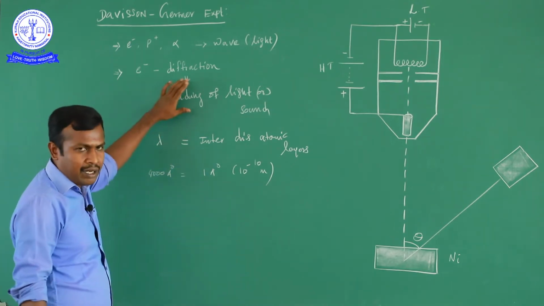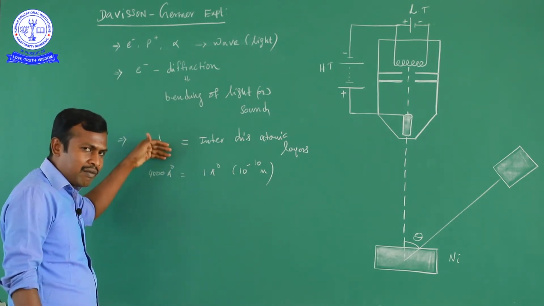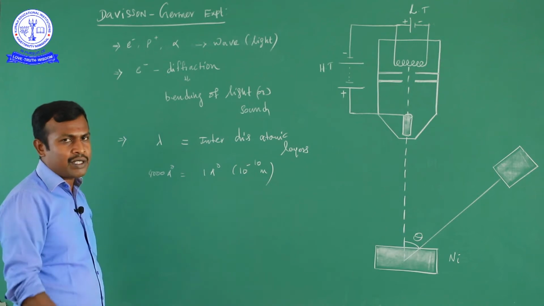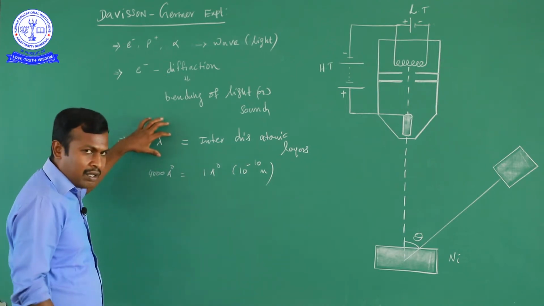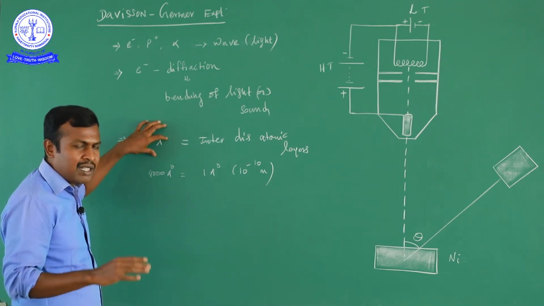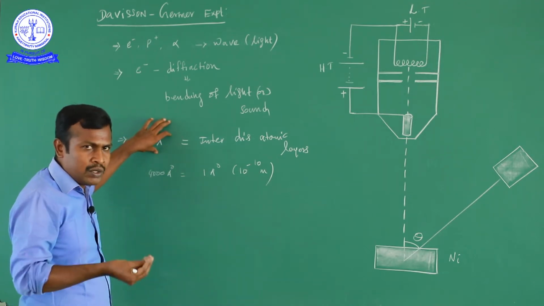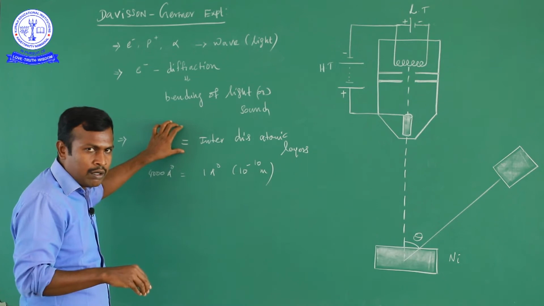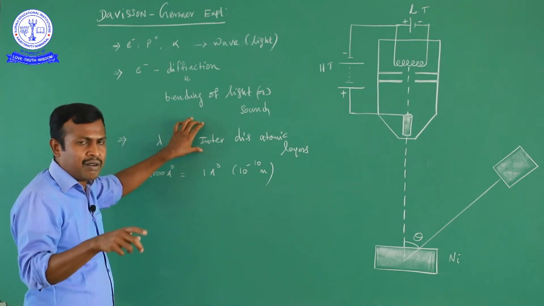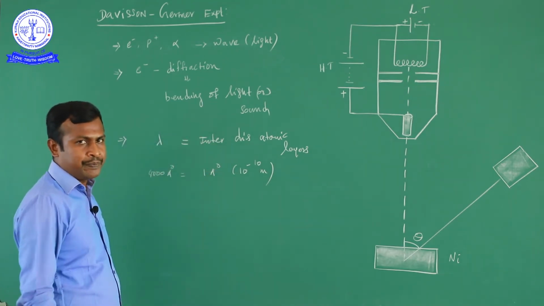If we use visible light for getting diffraction, we will not get the diffraction. Why? Because to obtain diffraction, the major condition is that the wavelength of light we use must be exactly equal to the interatomic distance in the crystals.